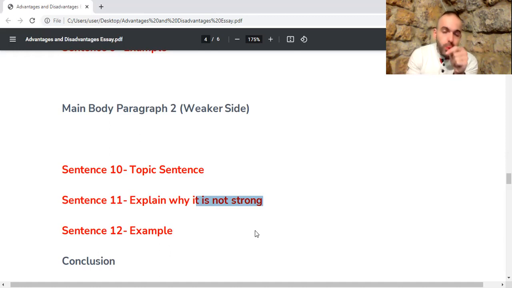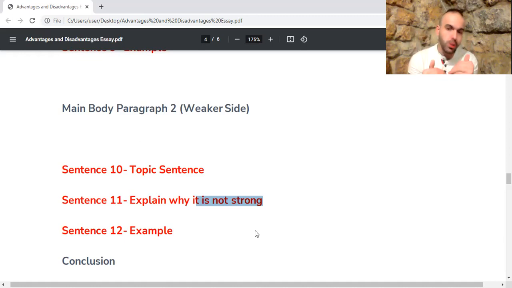Why? Because it's the weaker side. So you can't support the disadvantage if you chose it. You can't support it as strong. No, you have to explain why this is not strong, because you have already written in your introduction that advantages outweigh disadvantages, for example.